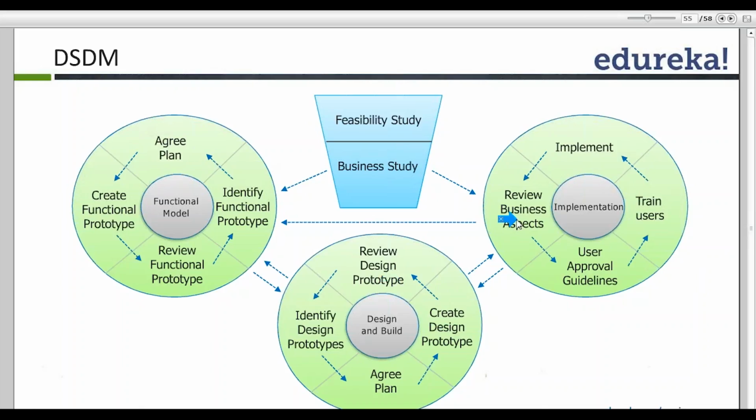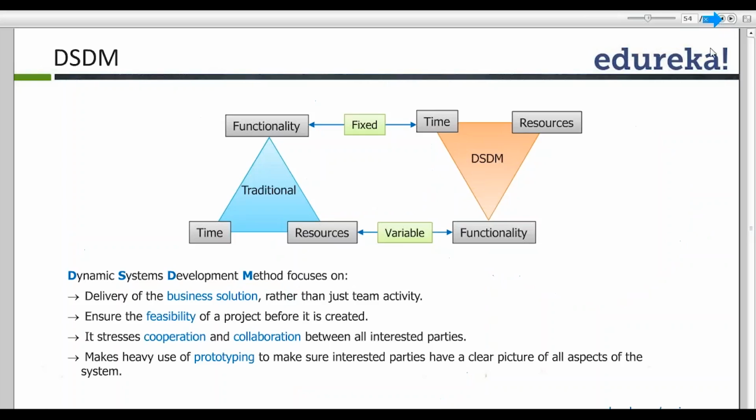And then I implement this in production. So I review the business aspect, I implement it, I do user approval and guidelines, and I train users. So this is my DSDM methodology, or dynamic system development methodology. That's the full form of DSDM.